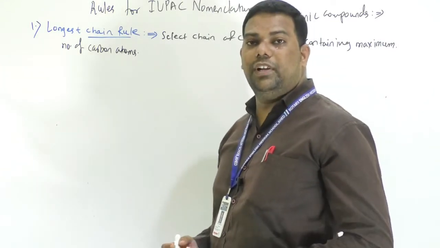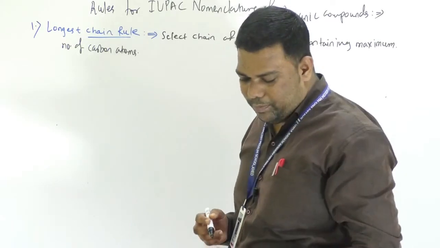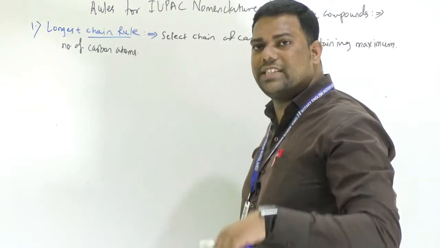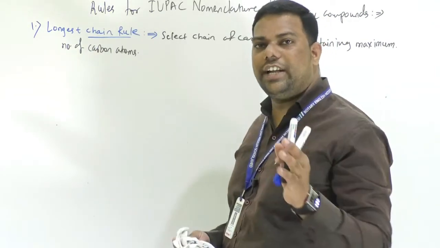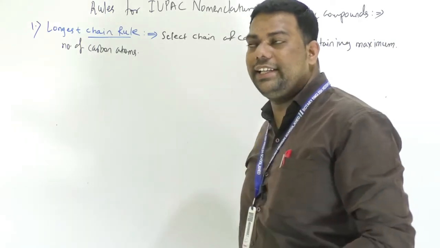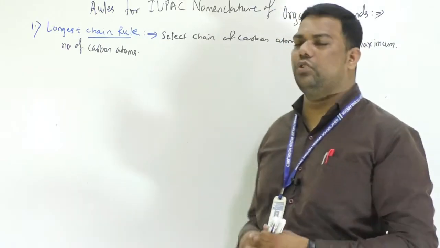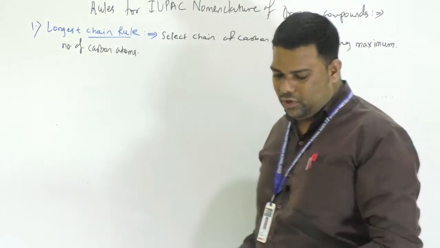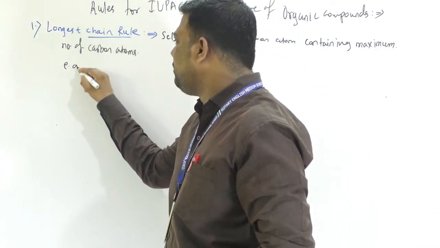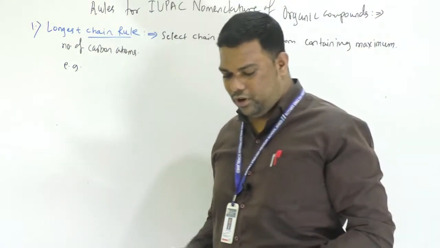And if possible, maximum number of functional groups like C double bond C. If a functional group is present, then you have to start numbering from that functional group. Suppose alkene, then alkyne, then acid, aldehyde, these functional groups are present, so we have to start with that functional group. So we will see an example of how we can select the longest chain. It is a very important part.